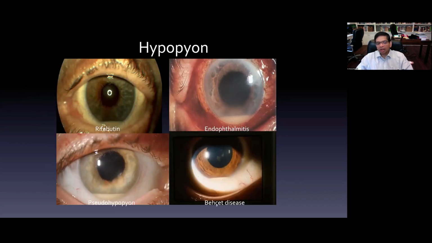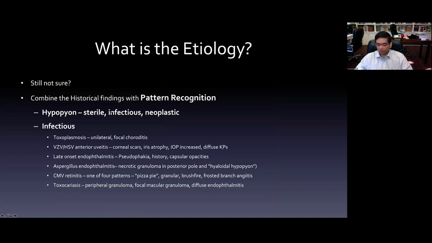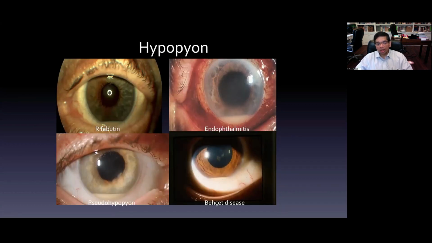So on your top left, these are different kinds of hypopion that we see, okay? So let's look at this first hypopion on the top left. This is a patient who had exposure to rifabutin because he was being treated for Mycobacterium avium infection. He was an immunocompetent patient, interestingly, who had severe pulmonary disease, COPD, and he got a secondary infection.